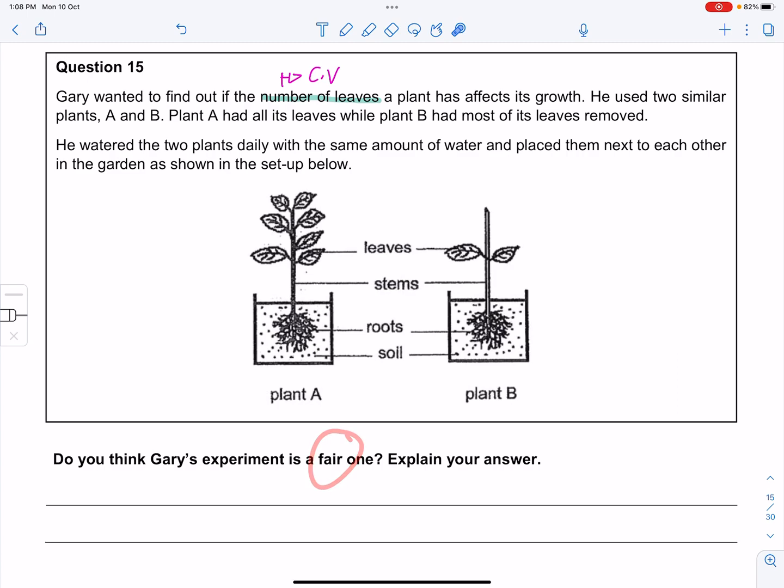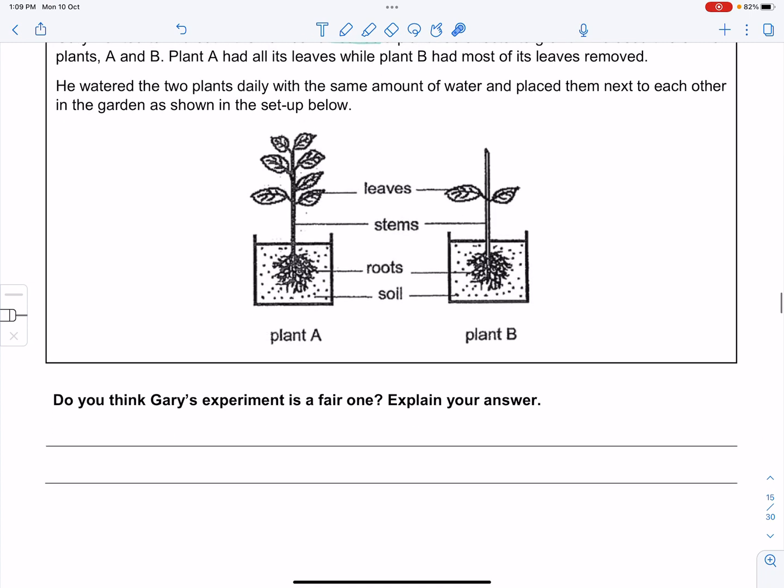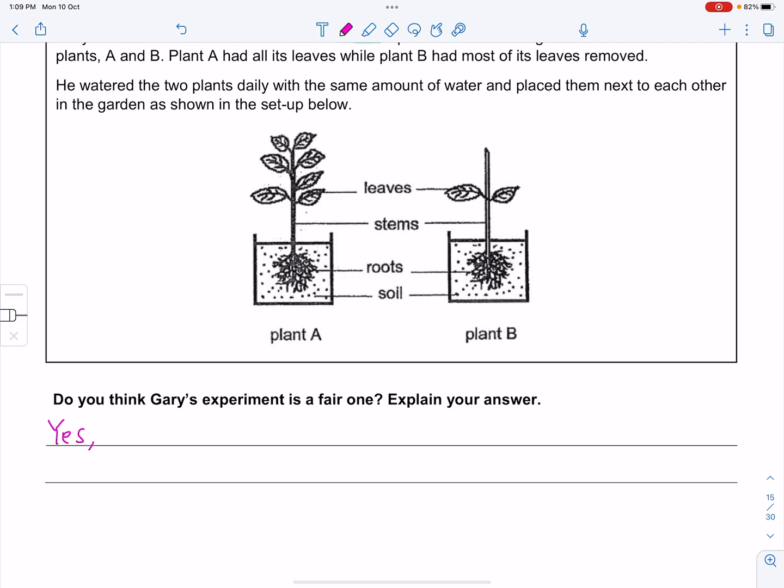Explain your answer. So basically, in a fair experiment, there should be only one variable, and you need to keep that one. You need to specify that one variable. Okay. So you will answer yes.